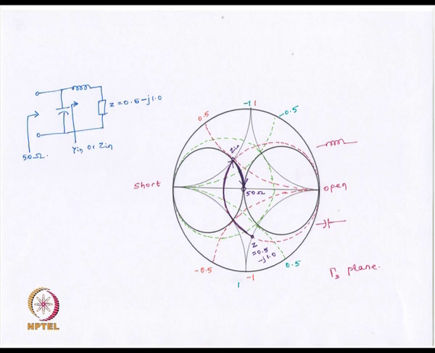So we connect that much inductance in series, so that this Z goes up till the edge of this G equal to 1 green circle where conductance is 1, and then we connect another capacitance in shunt, so that we go along a constant conductance circle till we reach the origin. So how much capacitance should we connect here in shunt? We should connect that much capacitance that will cause the locus to move from this point Z in to the origin.